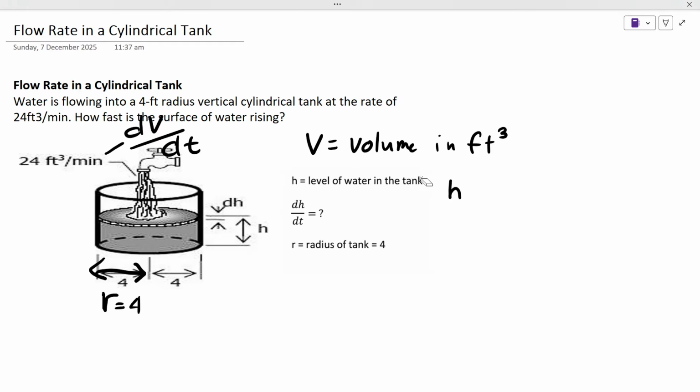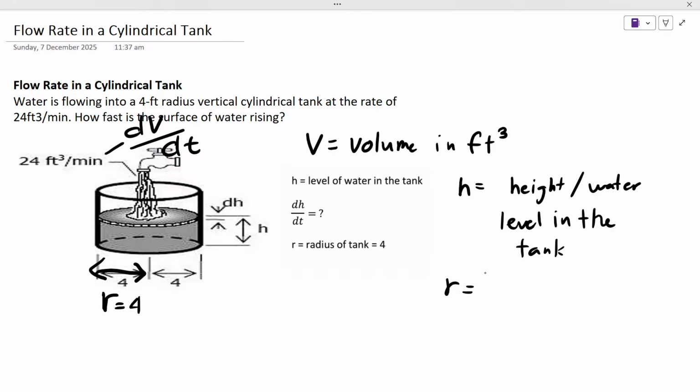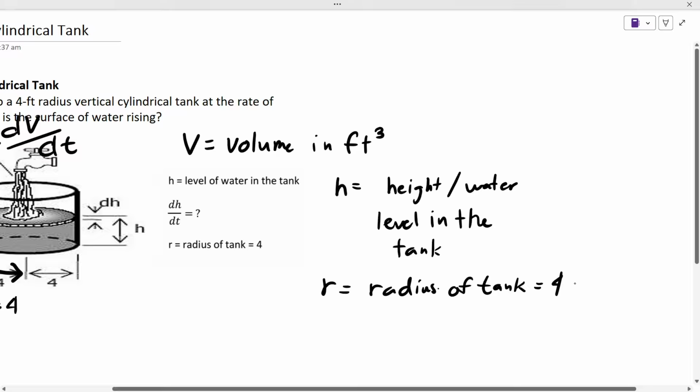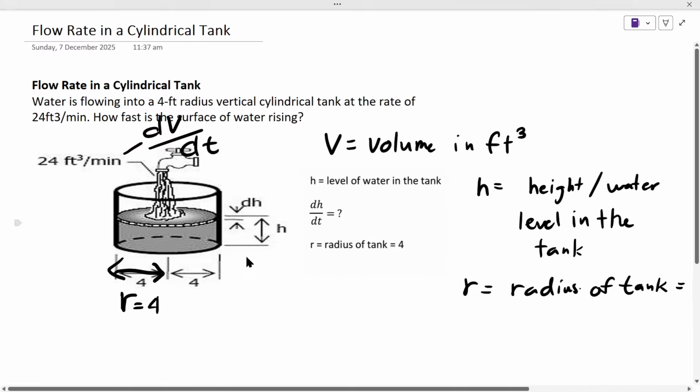Let's represent the height, or water level in the tank, by letter H. We have also R, which is the radius of the tank, and this radius is equal to 4. Radius of tank in feet, 4 feet.